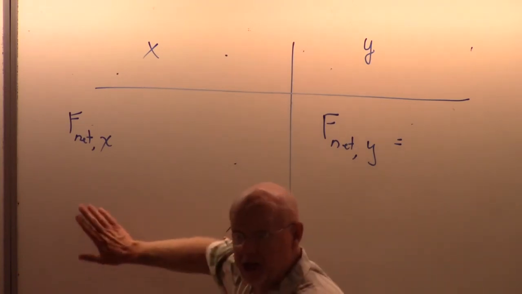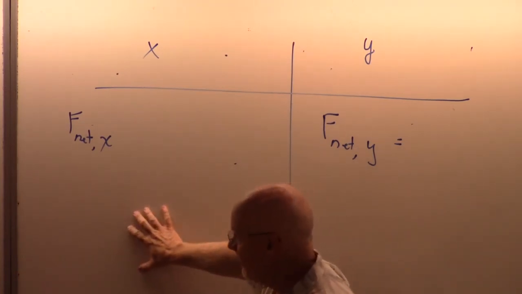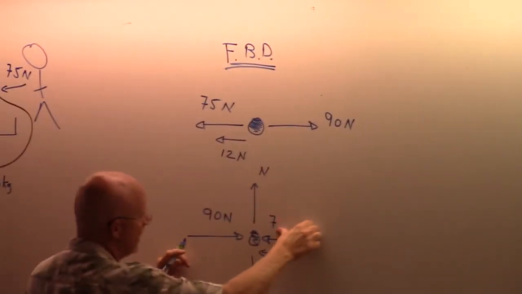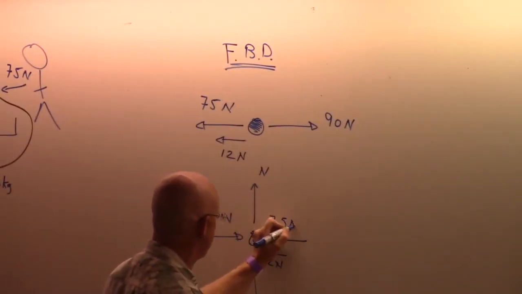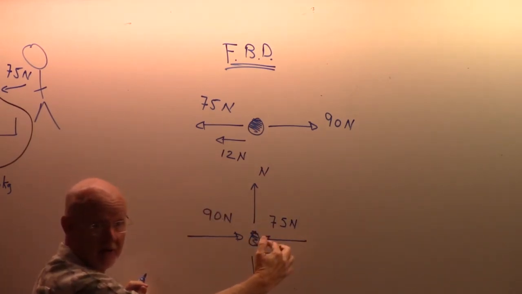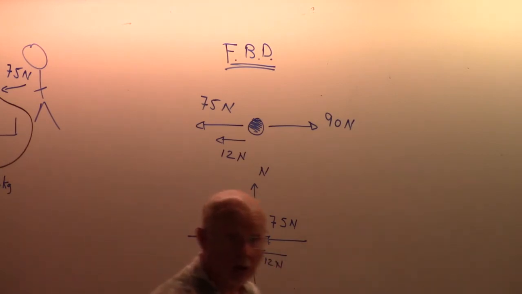So I'll start with the easier one, I think. Maybe the x direction, because I have a 90 and then minus a 75 and minus a 12.